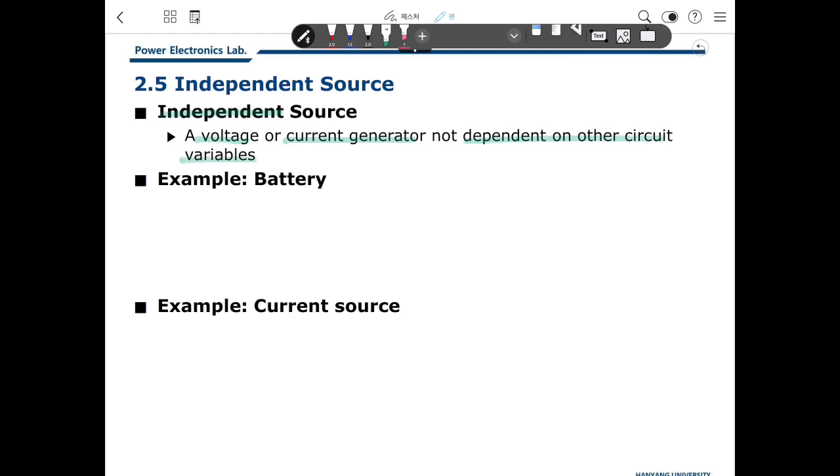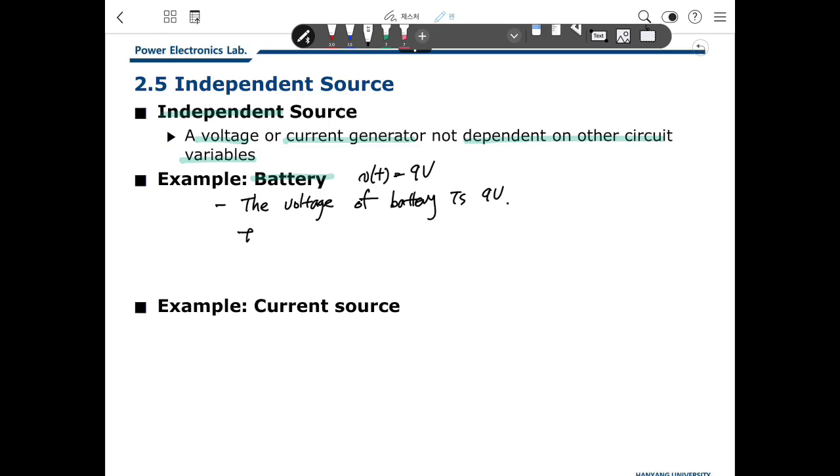For example, we can say a battery. A battery is a very fundamental example of a voltage source. It's like v(t) is 5 volts, 9 volts. That means the voltage of the battery is 9 volts.